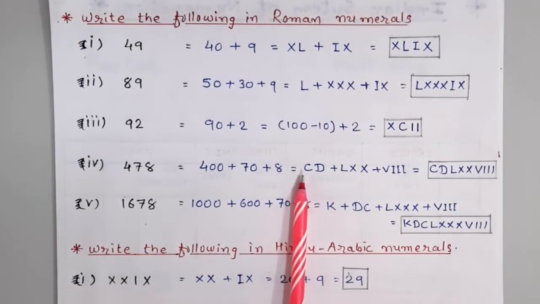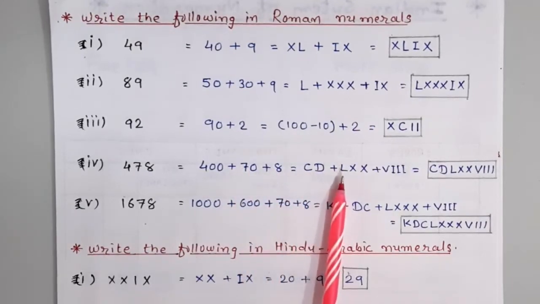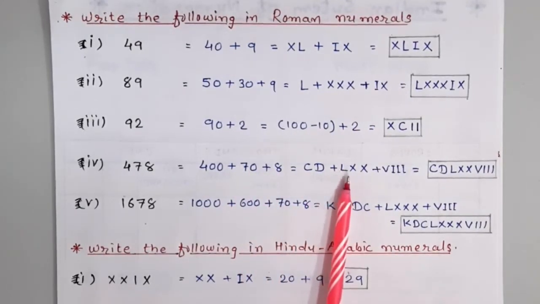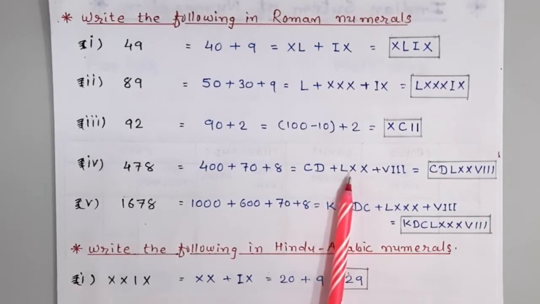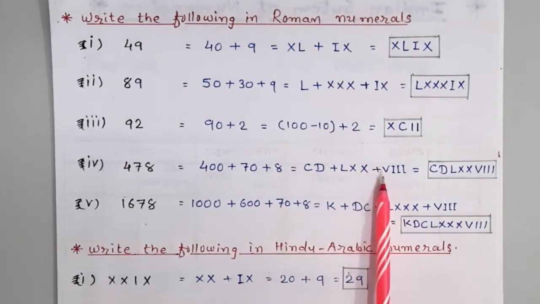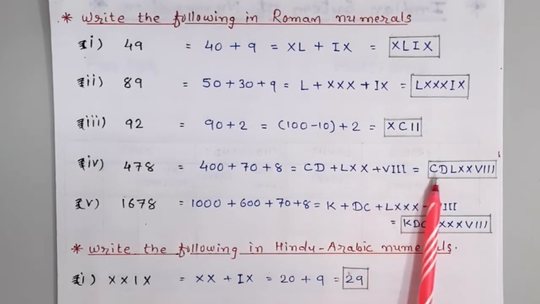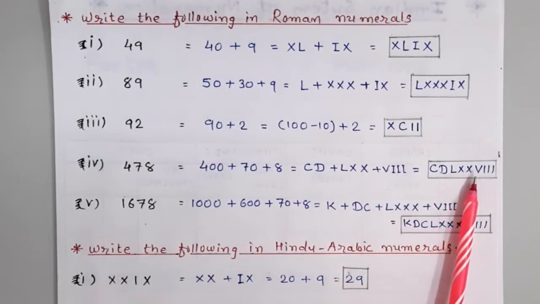If we put C on the left-hand side of D, it is 500 minus 100. 70 means LXX, 50 plus 10 plus 10, and 8 means 5 plus 1 plus 1, VIII. Now write all this together: CDLXXVIII.